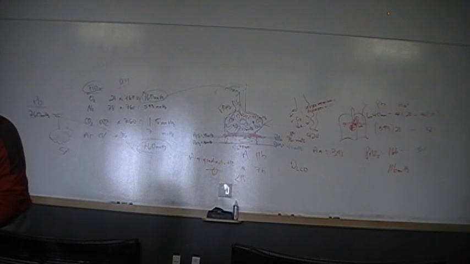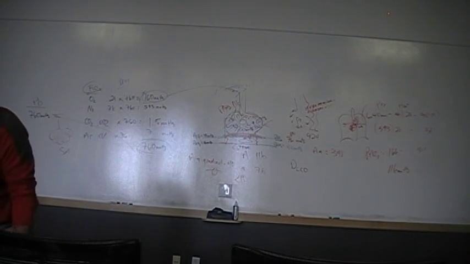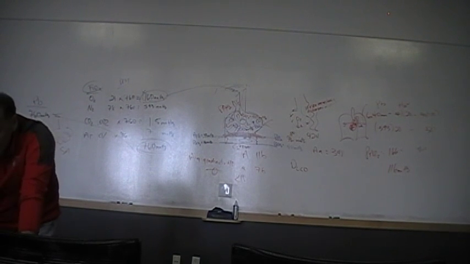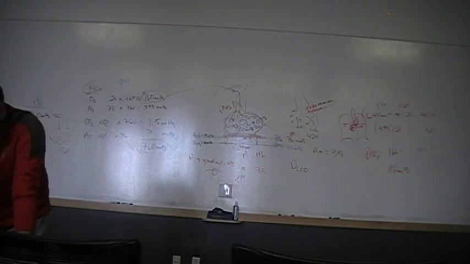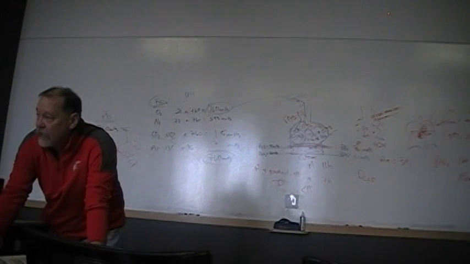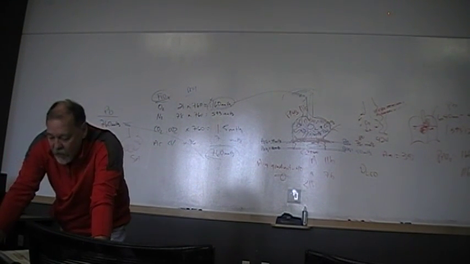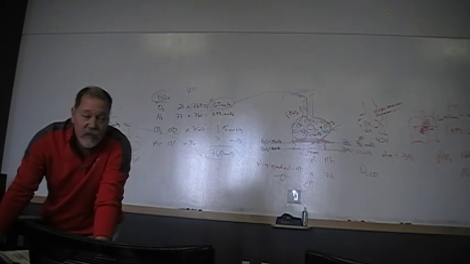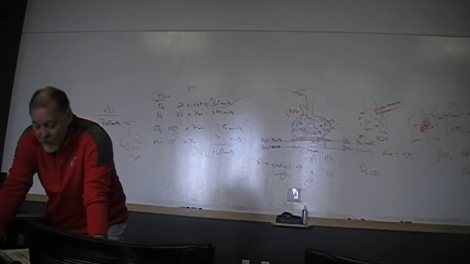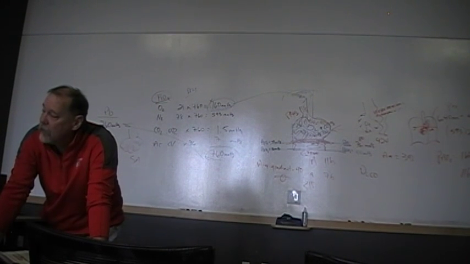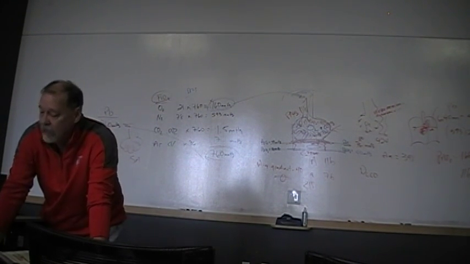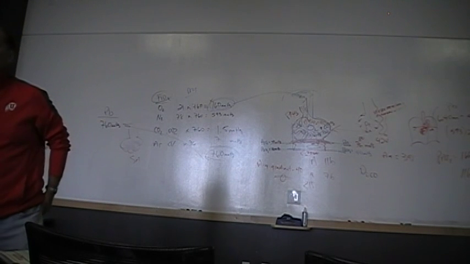Let's see. So a diffusion limited gas, they use carbon monoxide as an example. In this case, you've got 10 millimeters of mercury in the alveoli, and once it reaches its transit time of 0.75 seconds, there's only 1 millimeter of mercury in the arterial blood.